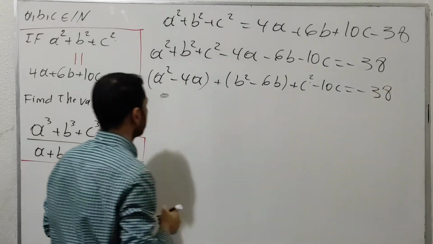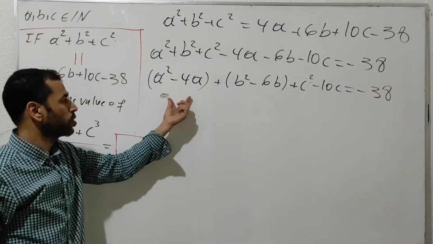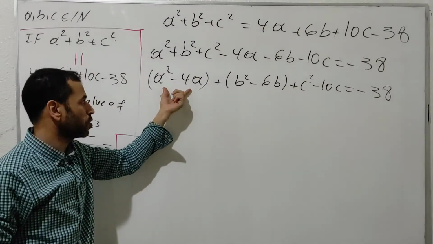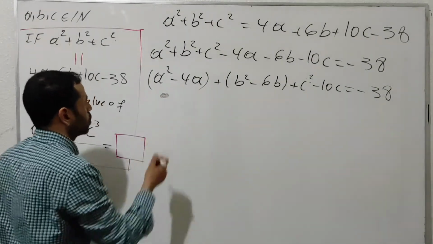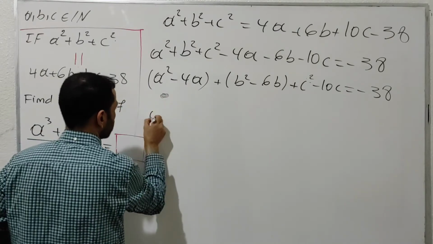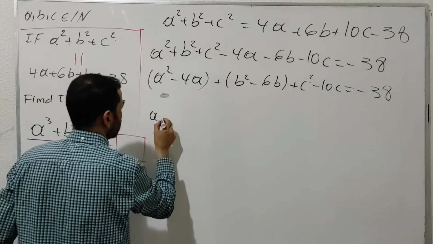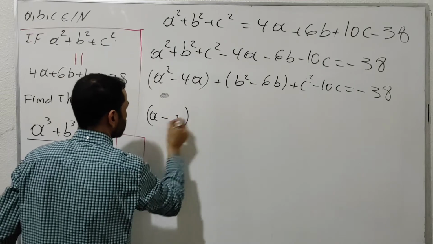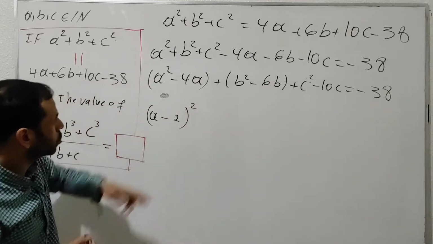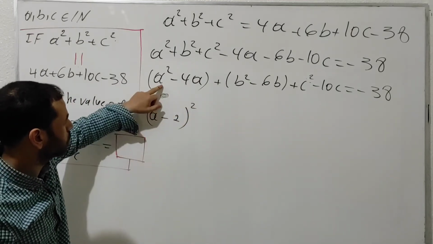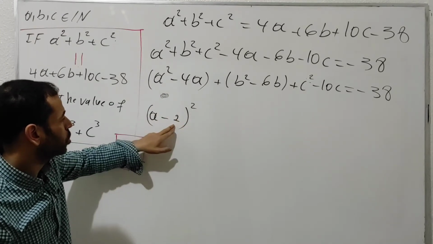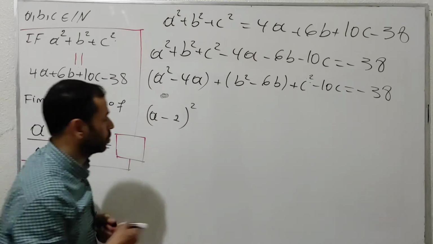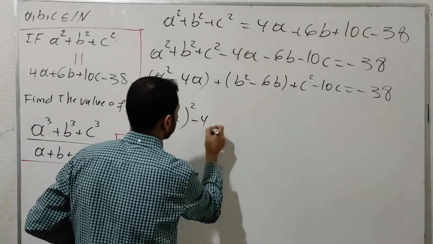Now if you look carefully at these expressions, it seems we are able to create a perfect square, but we're missing one term, so we can recover that. This one we can rewrite as a minus 2 squared. When we distribute this, it gives a squared minus 4a, but we have an extra term here, which is 4. I'm going to subtract that term, which means minus 4.